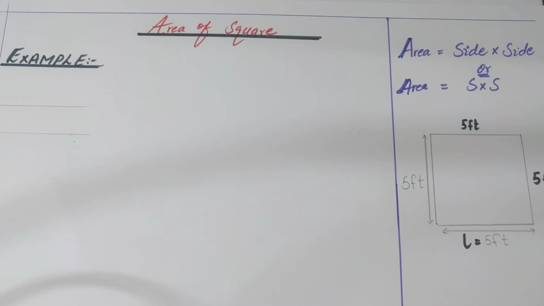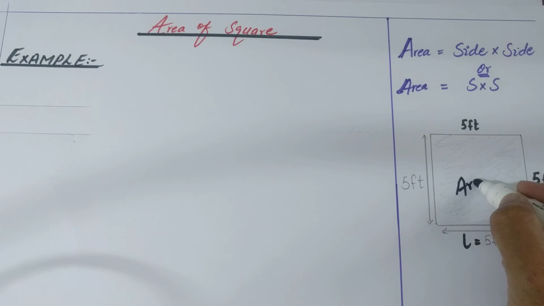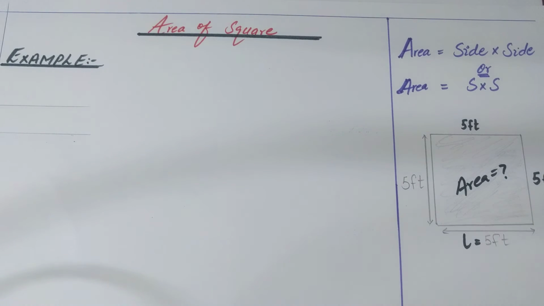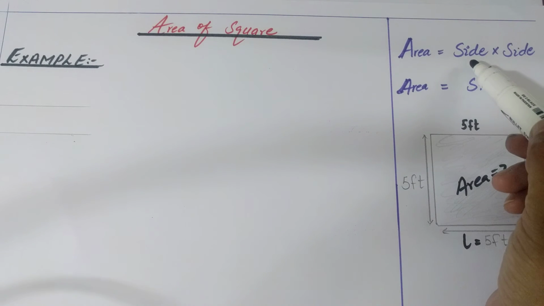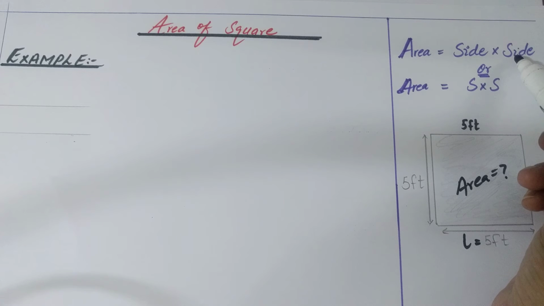Now what is area? We have to calculate the area. It means this inside portion, the space covered by this square box, is called area. So we have to calculate this area, the space inside the box. To calculate the area of the square, there is a formula: side multiply by side.